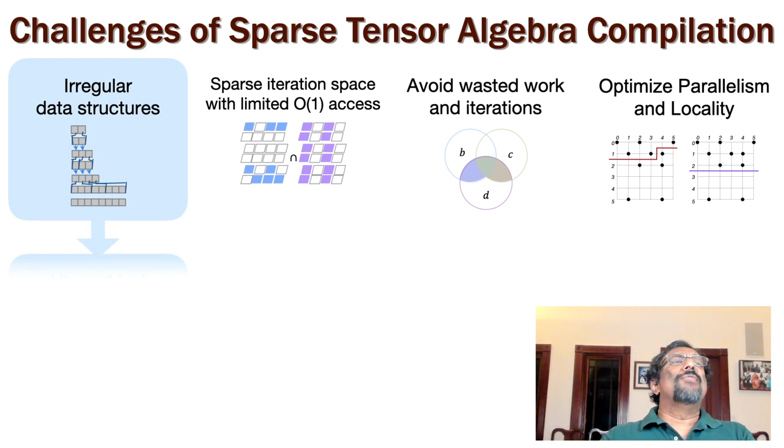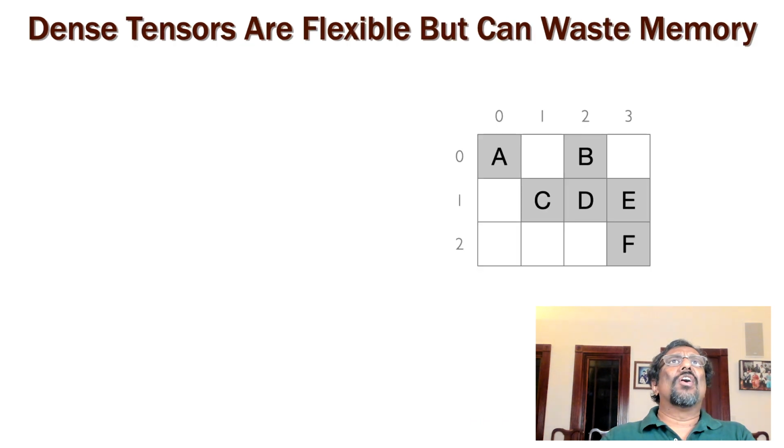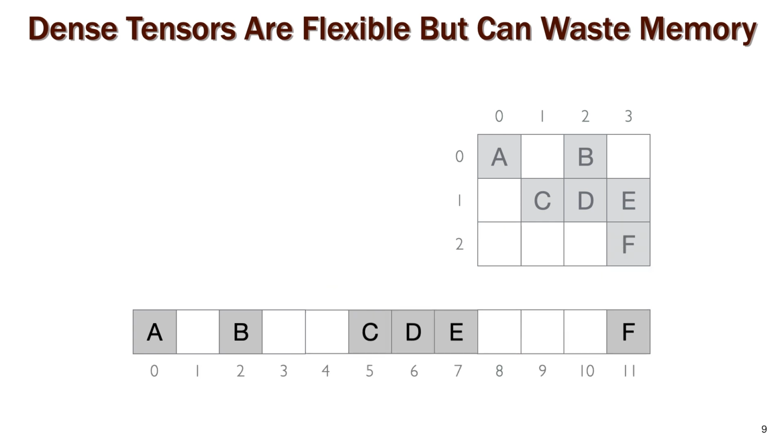The way we address the irregular data structures, where every different representation has a different data structure, is to come up with a standard way of simplifying it called the hierarchical storage abstraction. Before going to that, let me explain a little bit of how these sparse representations look. We have this 2D sparse matrix, and normally in memory these are in linear memory order.